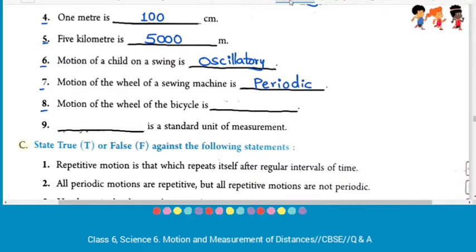Eighth, motion of the wheel of the bicycle is dash. Motion of the wheel of the bicycle is rotational motion. Ninth, dash is a standard unit of measurement. Meter is the standard unit of measurement.